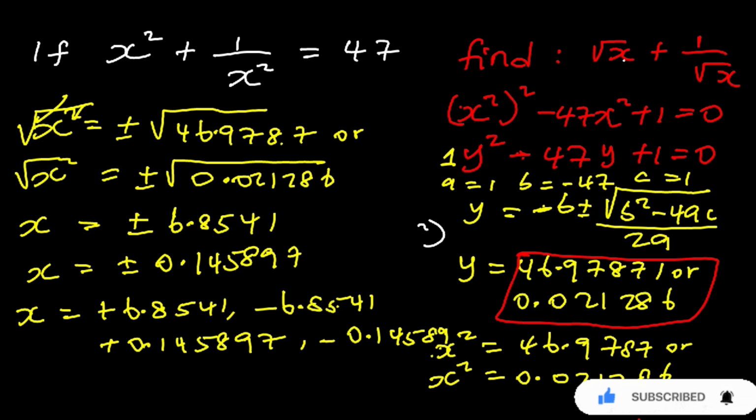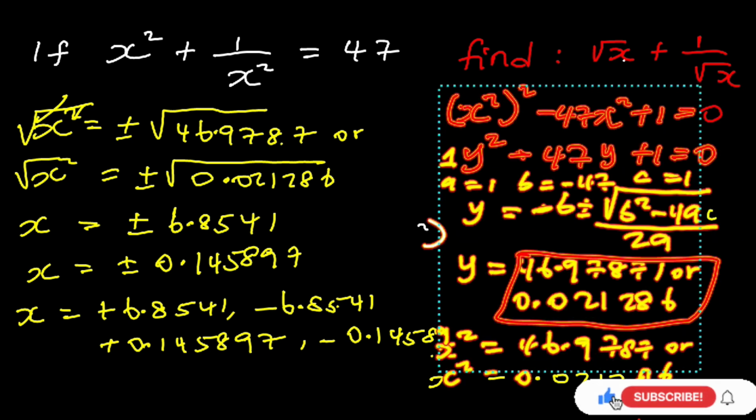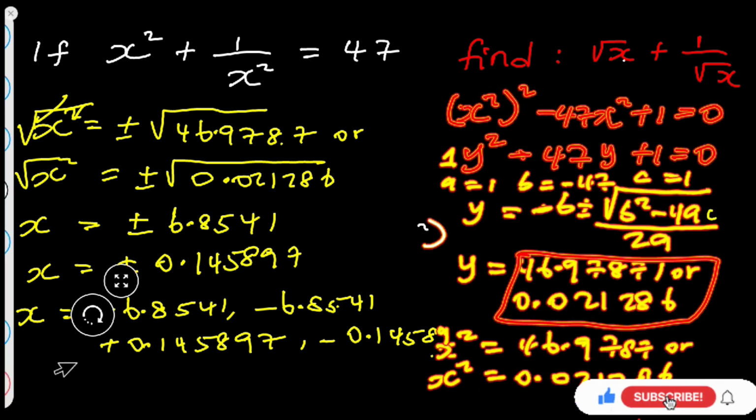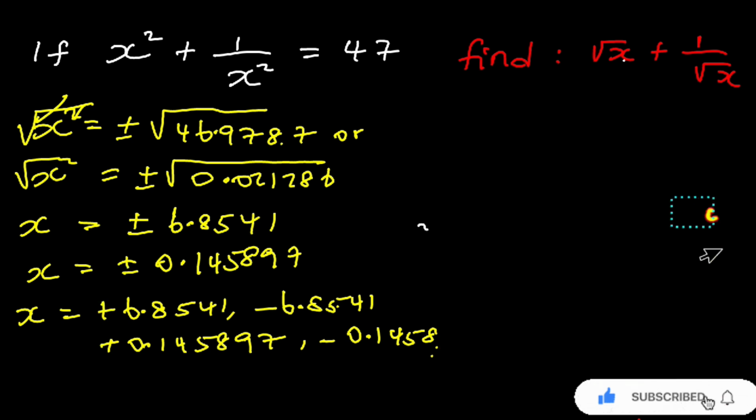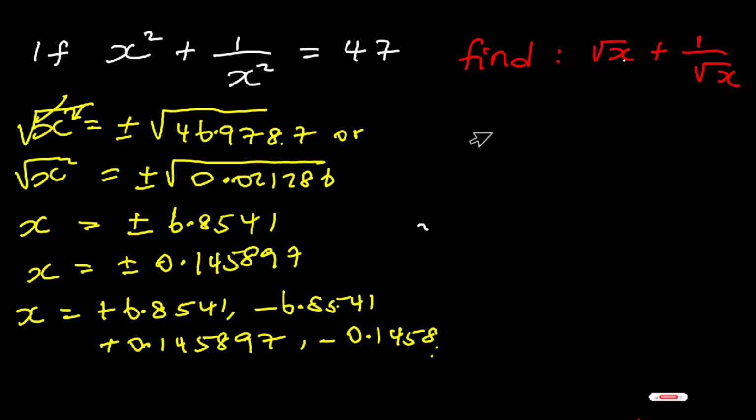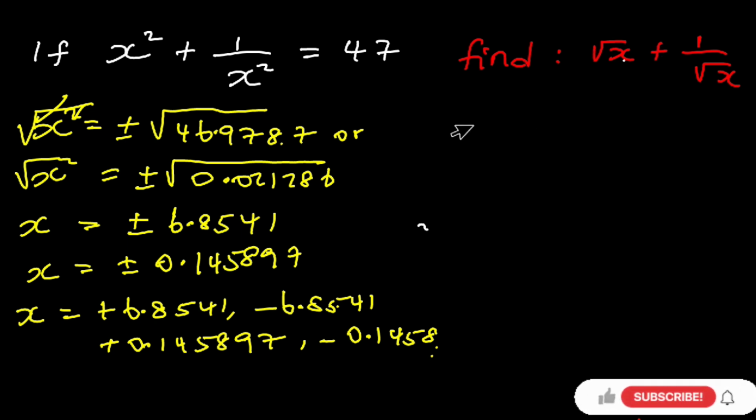So let's go into the second part, where we are going to substitute the answers we got into another expression. So we are going to be substituting the values of our x into this expression. Here we have root x plus 1 over root x. So we're asked to find this.